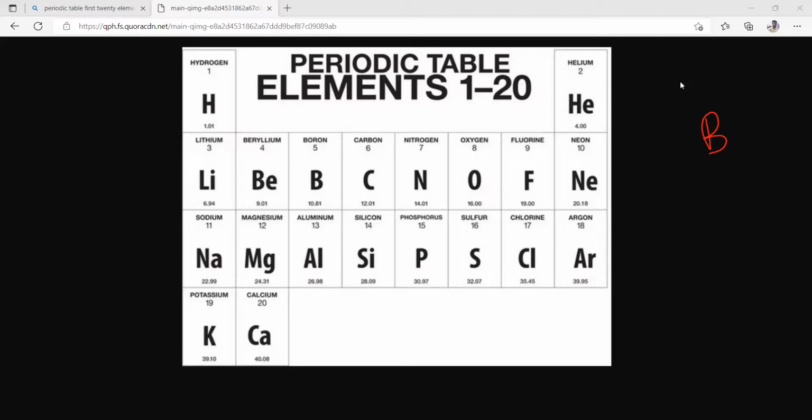Standard format means you should put the atomic number and mass number. That is called standard format. So should I write? Yes, you should, please.